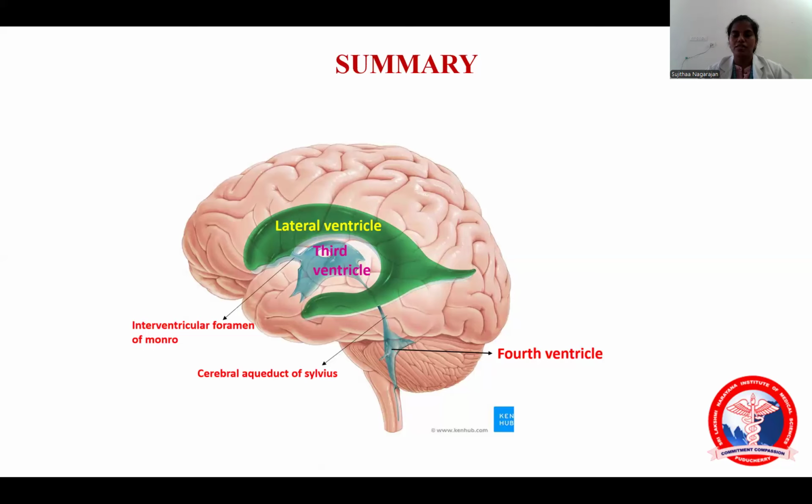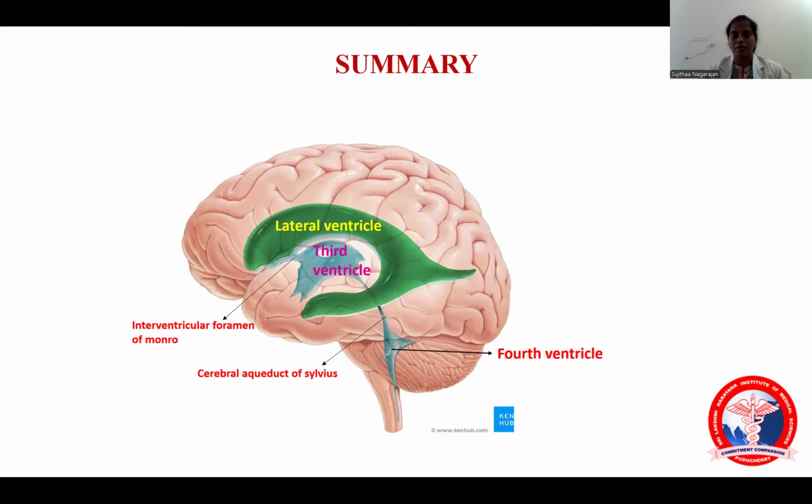Now the CSF flows out of the fourth ventricle through the apertures: the foramen of Magendie, which is the central median aperture, and then two lateral apertures, the foramina of Luschka. As the CSF flows out through these apertures, it enters the subarachnoid space, where it bathes the whole brain as well as the spinal cord.